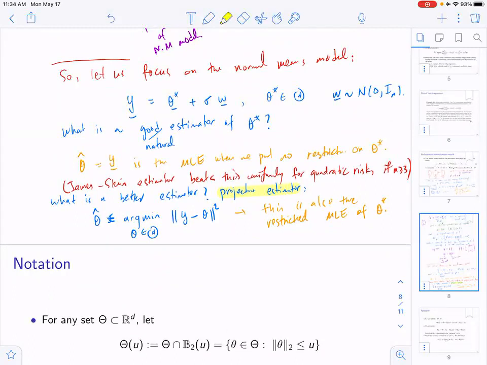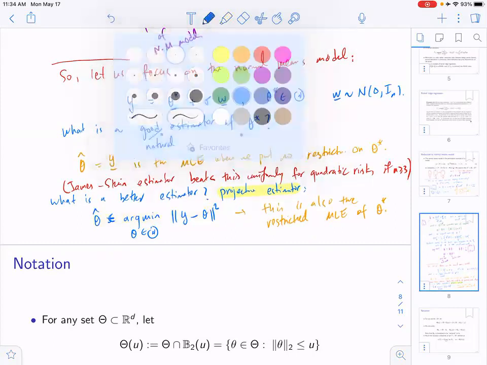So you have this simple model, and you have this relatively simple looking estimator, although it might be complicated to compute. Let me mention this.